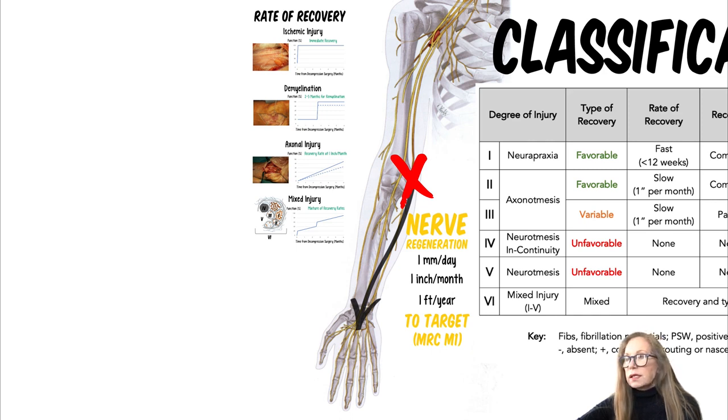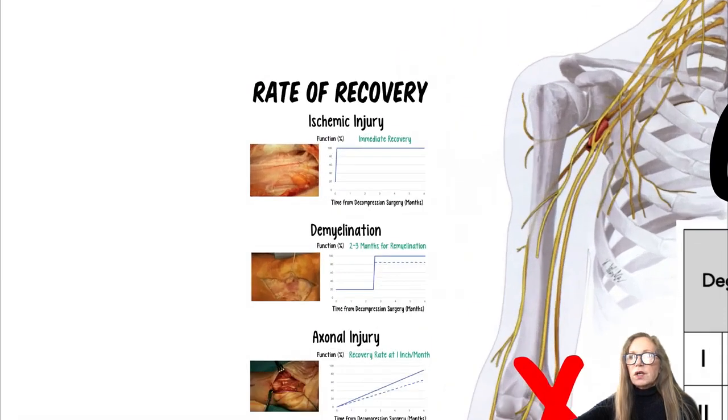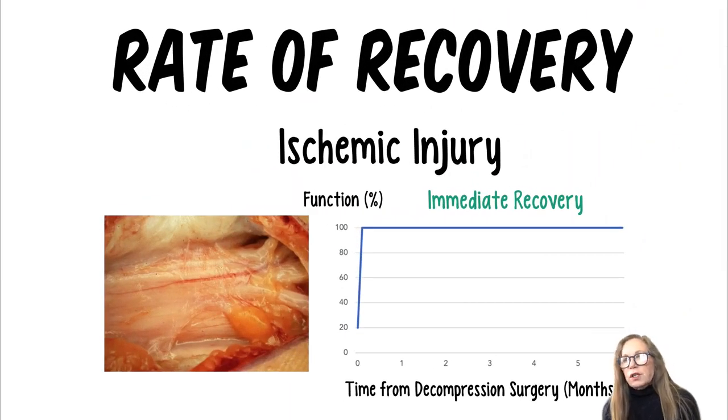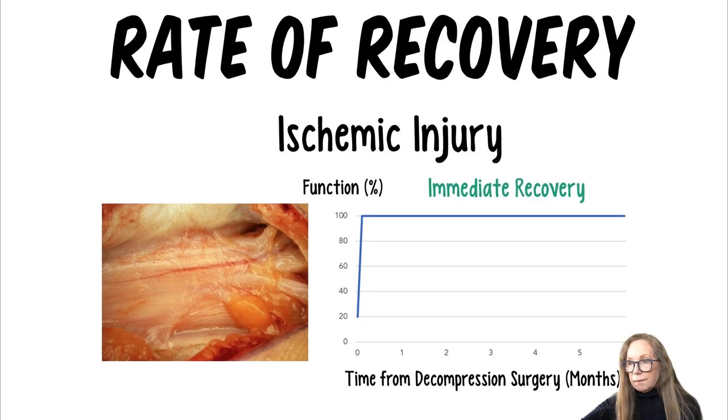Let's just take a look at this concept of the myelin with the neuropraxia and ischemia injuries with neuropraxia and axonal injuries in the situation of a compression neuropathy after surgical recovery. So with compression, we can see ischemia or demyelination, but if it's ischemic, then we would expect that immediately after decompression, you would see these blood vessels flowing and the patient would get recovery pretty much immediately.